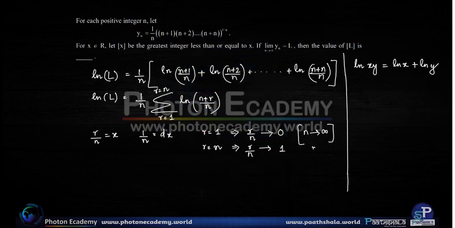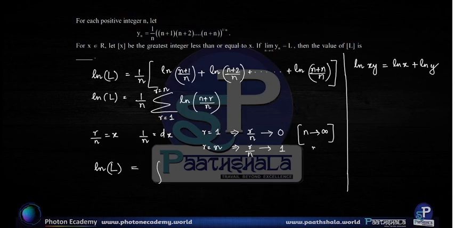So the limit can be written as ln L is equal to the integration of x from 0 to 1 of ln(1 plus x) dx, where 1 by n transforms into dx.